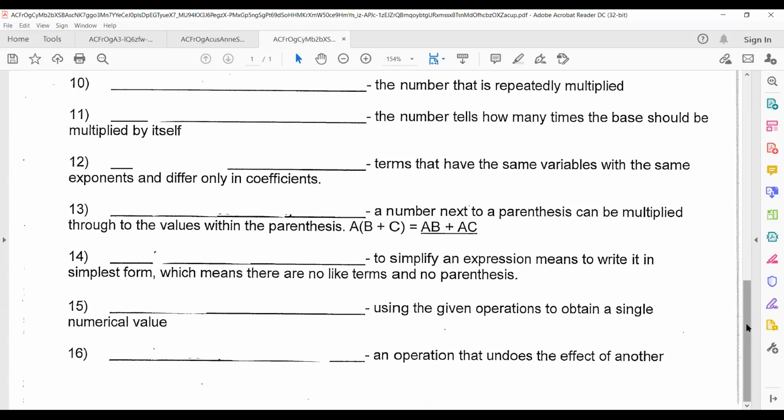The last one: an operation that undoes the effect of another. Inverse operation. That's how we solve equations. We use the inverse. Inverse just means opposite. So we can say inverse or opposite operation.